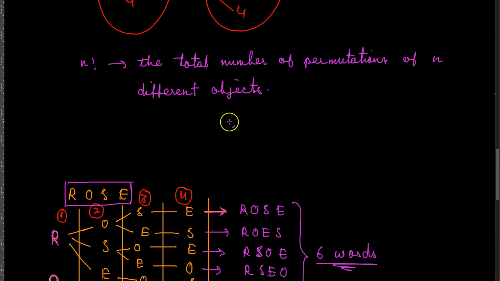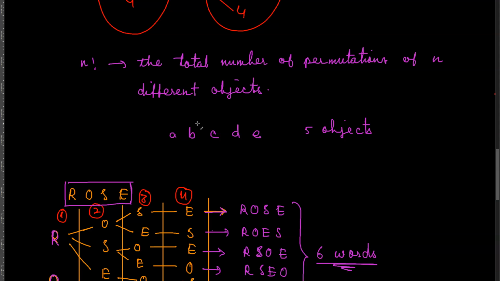And when I say that the total number of permutations of n different objects, that means that you have, for example, A, B, C, D, and E. So you have 5 objects here, and you want to know the total number of all the different possible arrangements of these objects, meaning that you put your A first and B second, and then D after this, and then put your C in the end and E in the beginning, and so on and so forth.